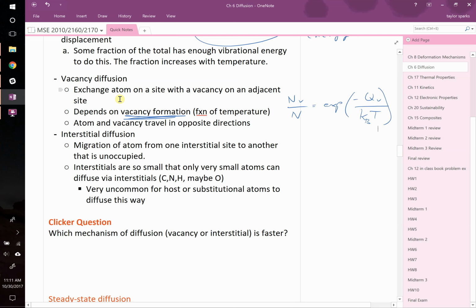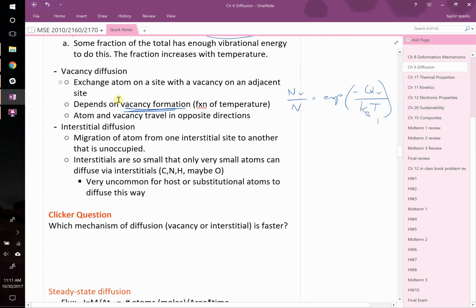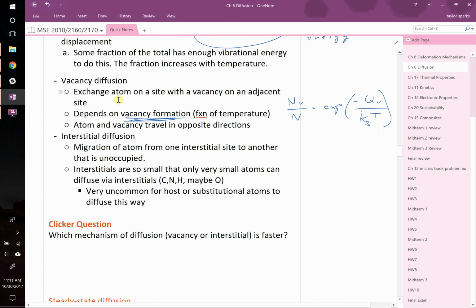Now the second mechanism for diffusion is what's called interstitial diffusion. In interstitial diffusion, you're migrating some sort of atom from one interstitial site to another. And interstitial sites, by definition, are already unoccupied, right? Now, if you start to fill them up, then you have to worry about occupancy. But most of the time, they're going to be relatively empty.